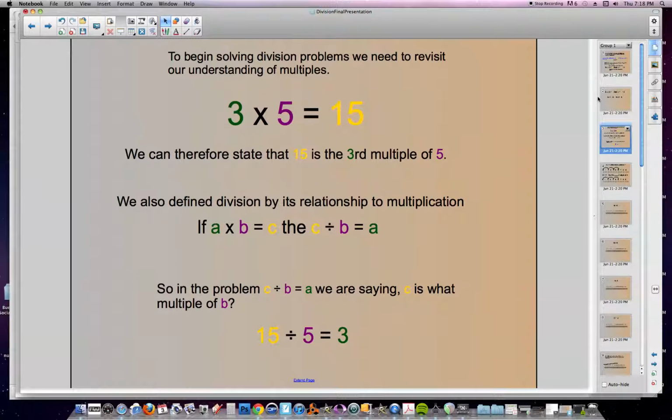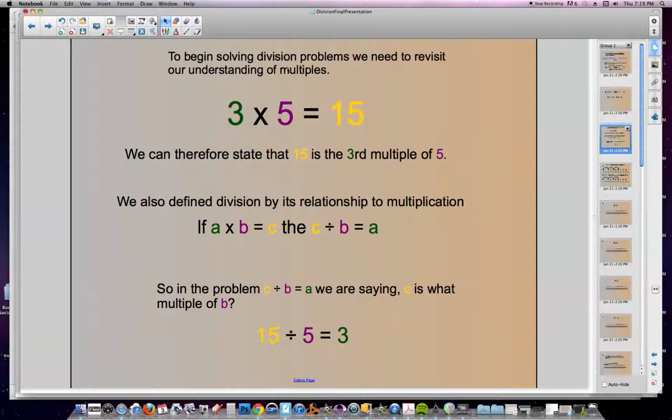This is where it gets really important to understand that there's a little bit of flexibility because of the commutative property of multiplication when it comes to how to interpret multiplication and specifically division. When we say 3 times 5, what we're really saying is 15 is the third multiple of 5.